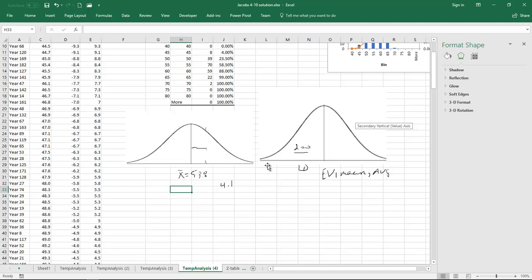Okay, so we just want to find out where that point is, this arbitrary point. We made this thing up. This average distance to the mean is just something we made up, and so we're going to say it is equal to 53.8 plus 4.1.